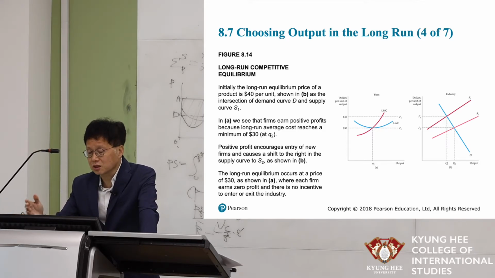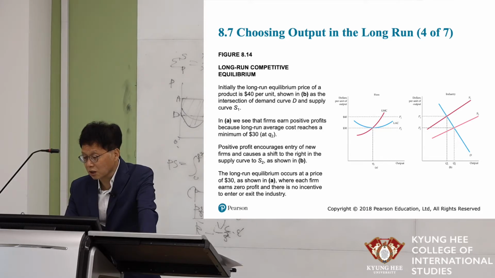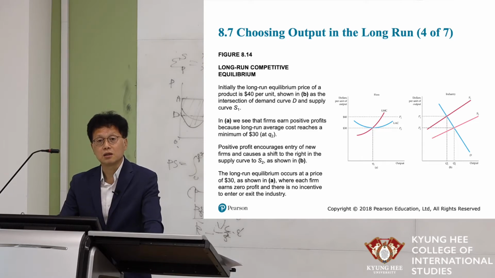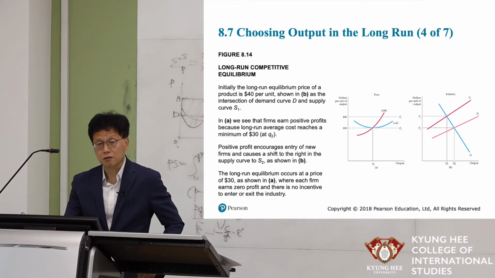The number of firms increases. Then the supply curve shifts to the right like this until this point, $30. When the market price becomes $30, supply equals demand at $30, right? At this price, $30, the individual firm's profit should be equal to zero, right? Zero economic profit for the individual firm.